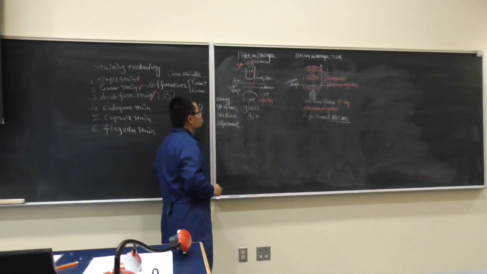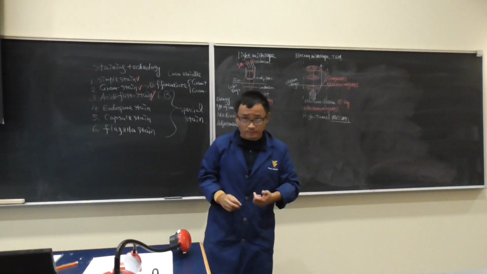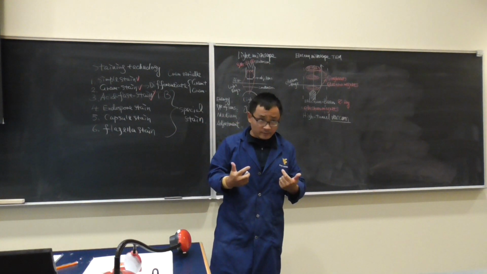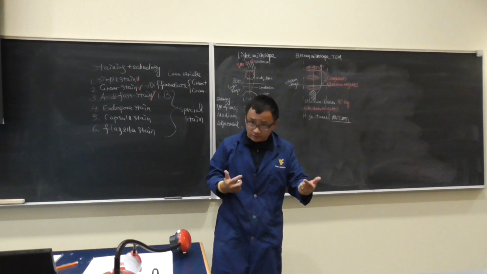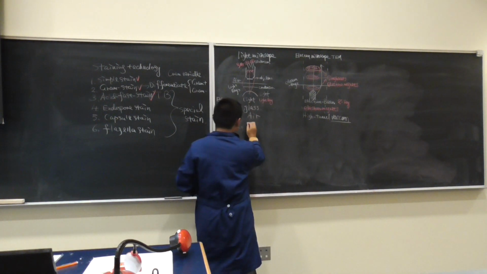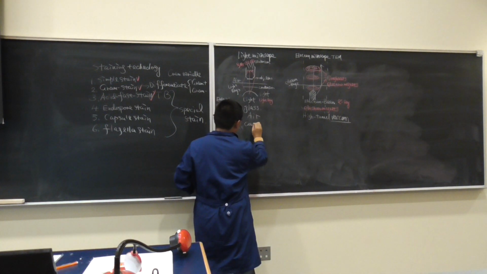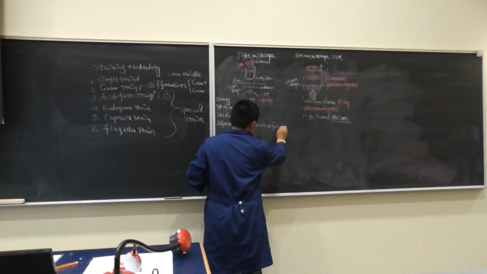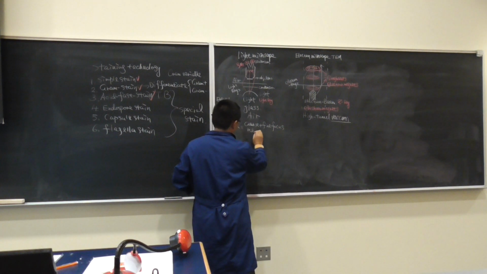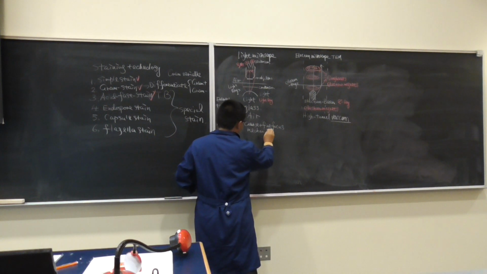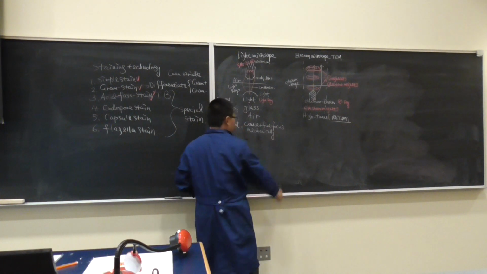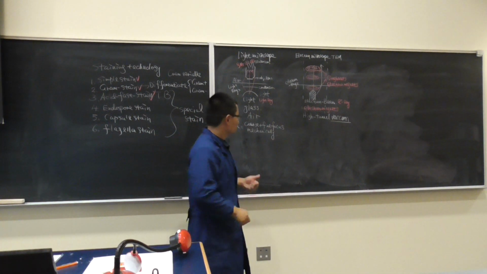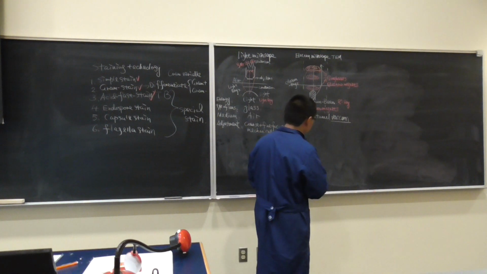Adjustment. How do we do the adjustment of a light field microscope? Remember, we have coarse focus and fine focus. So we use coarse or fine focus, which means mechanical, or manual, we say. You just twist it. How about the electron microscope?